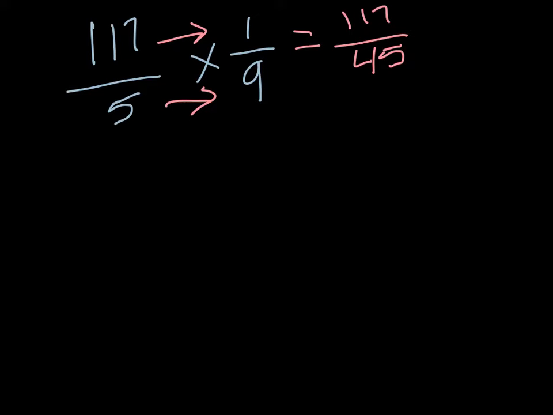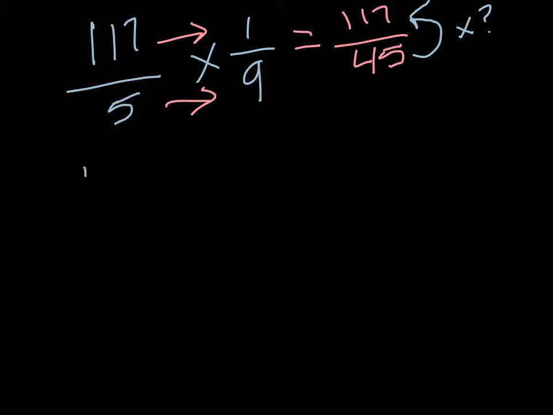Okay, if you look at your answer choices on number 6, that is not an answer choice. So what you're going to have to do is figure out how many times does 45 go into 117. 45 times what will get me close to 117.